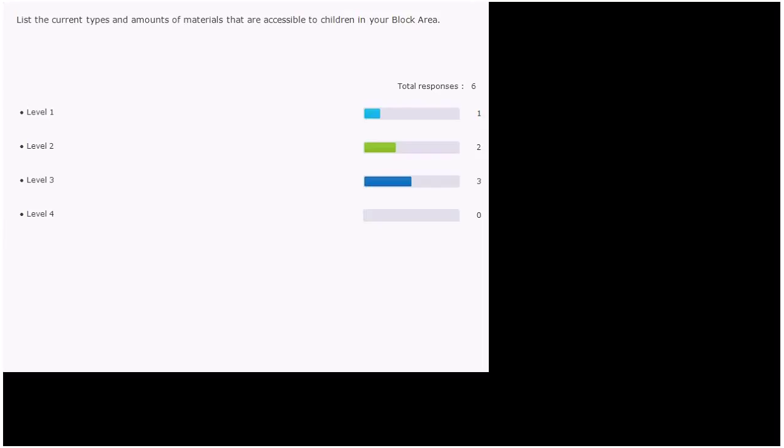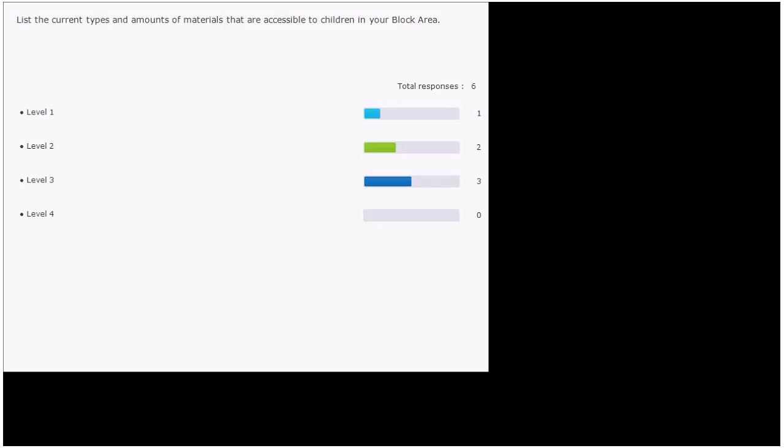Obviously, when we're looking for information at level 3 and level 4, we want pre and post. Remember reading that with all those examples I gave? So certainly you would ask them, before they came to a workshop on this, to list the available and current materials they have in their block area.